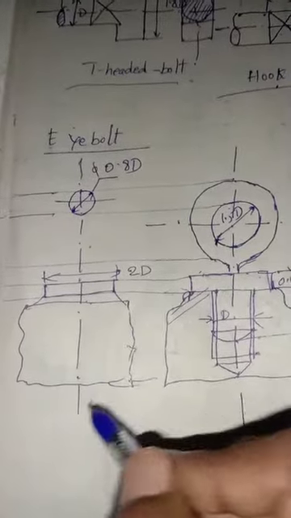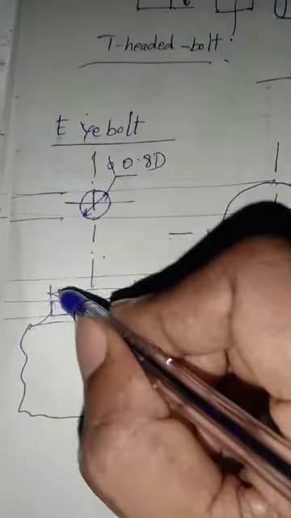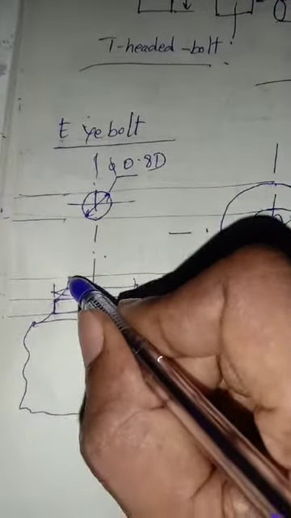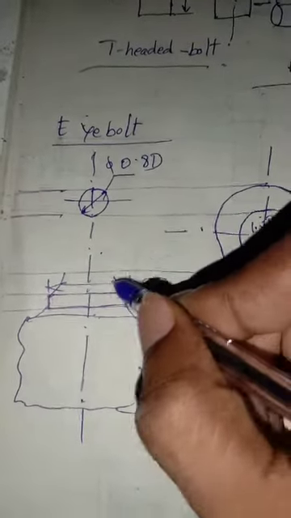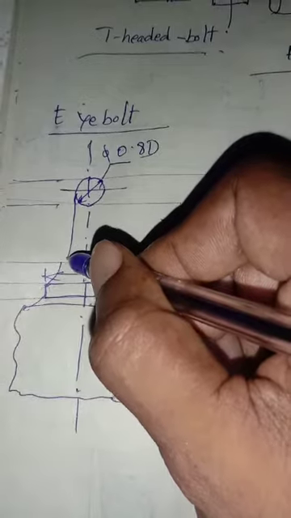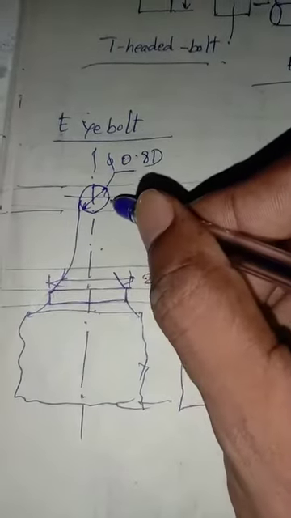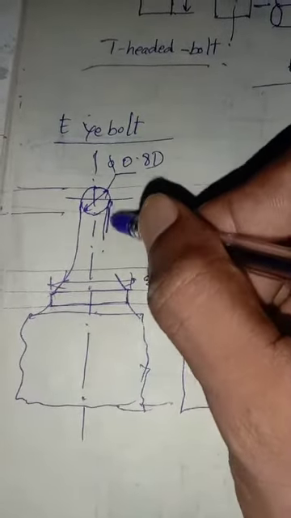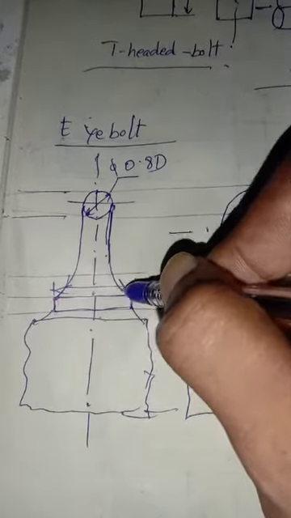Okay, now here is curved shape is there. Going to straight like this. This is straight like this.